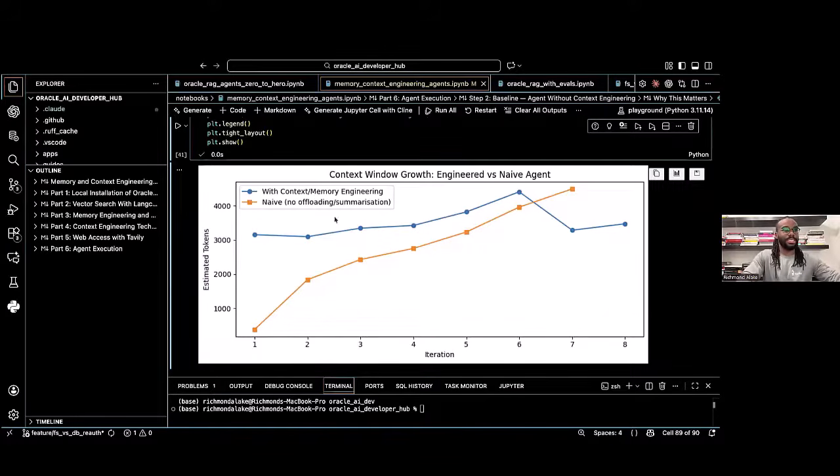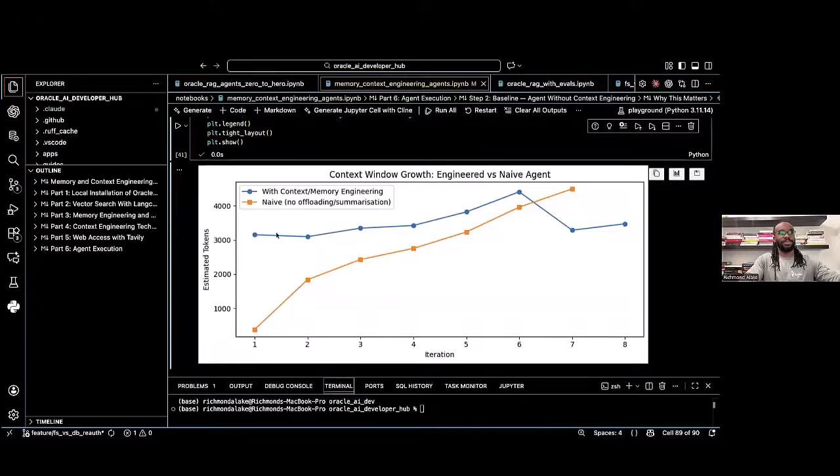As you can see, this line shows the token utilization of each of these agents. You will notice that the context and memory engineering agent starts off with a very high token usage because we're putting information into this agent and it has memory, so it knows some pre-configured or pre-ingested information.